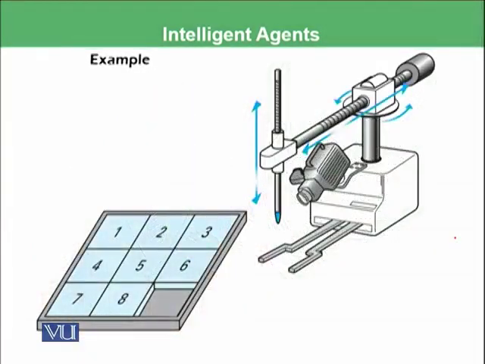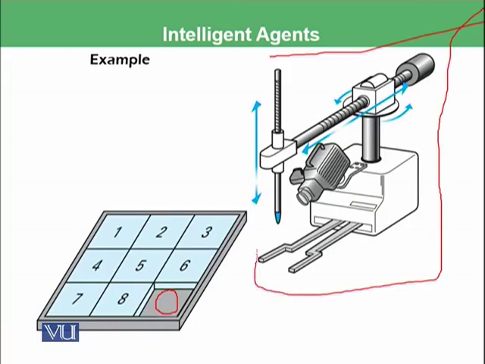So let's have an example of an intelligent agent. We have a game in which we have different cubes, 1, 2, 3, 4, 6, 7, 8, and one cube is empty. So for example, we have made this agent that sees this image and tries to make it perfect.